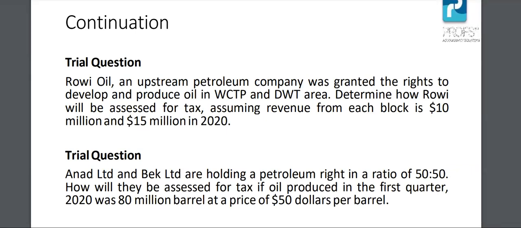So in West Cape 3 Point and Deepwater Tunnel, there are other joint venture partners. In this question, I didn't bring the proportionate sharing interest of Rory, but Rory will definitely have a proportionate sharing interest in both areas, which is covered by different tools, and even having other joint venture partners.